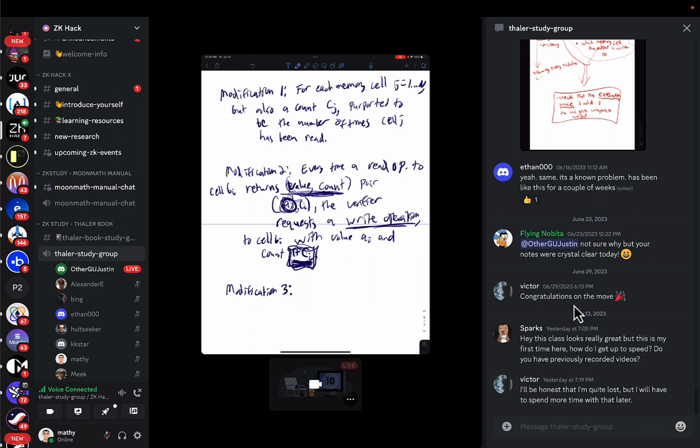Okay, and then the final modification is that when all the reads are done, the verifier does one final set of read operations, and these read operations are not followed by a write. So V sends n final read requests, 1 per memory cell.